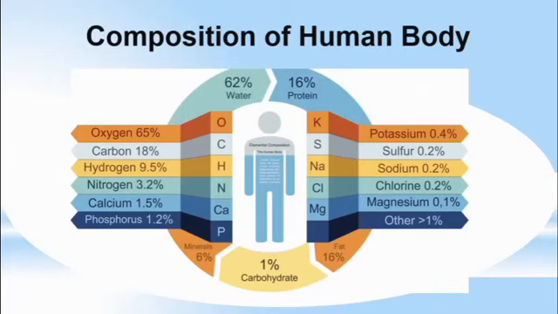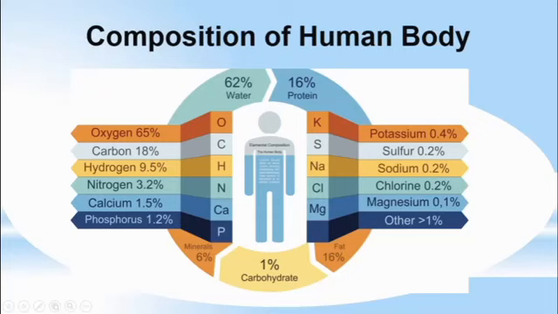Here is the composition of human body. Here you can see human body is made up of 62% of water, 16% of protein, 16% fats, and minerals are just 6% and only 1% carbohydrates.